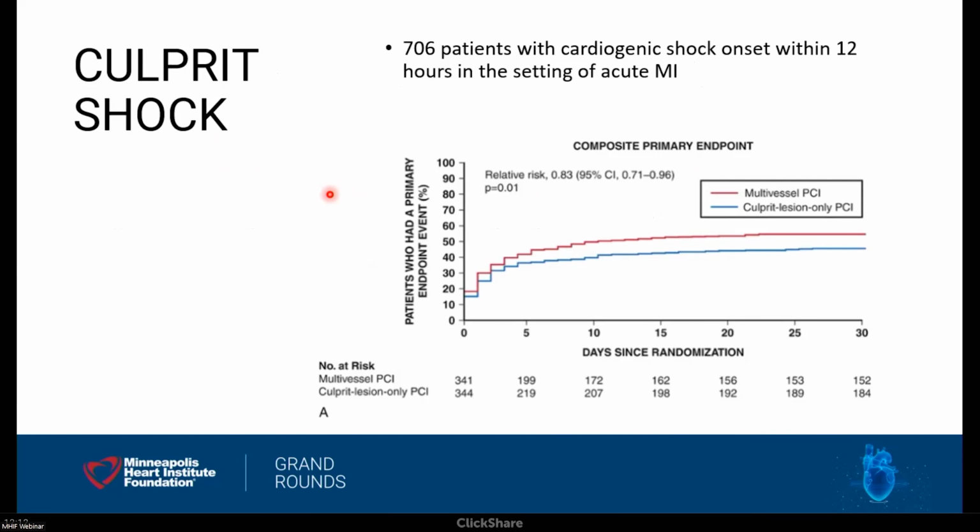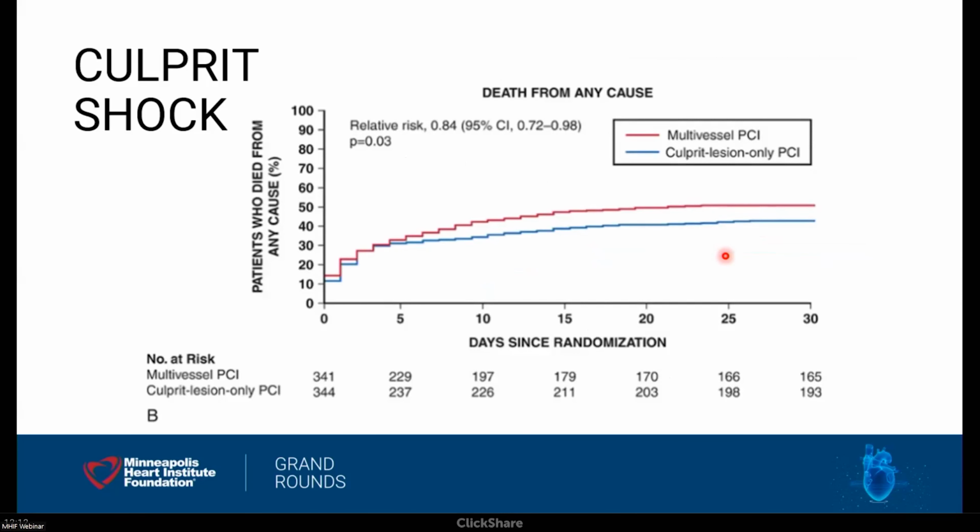The landmark trial in this field was the CULPRIT-SHOCK trial, which compared multivessel PCI versus culprit-lesion-only PCI, and culprit-lesion-only PCI was significantly better. The composite primary outcome, which was death and renal failure, was much better if you just focused on the culprit lesion PCI, and the main outcomes were driven by mortality.